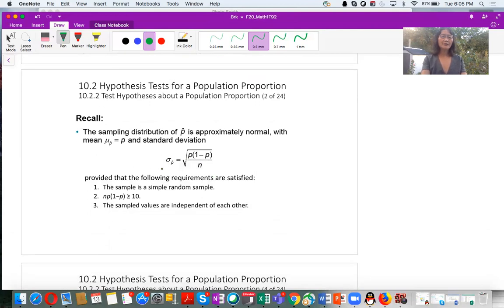Also a review: the sampling distribution of p hat is approximately normal with mu of p hat equal to p, and standard deviation of p hat equal to this one, by the central limit theorem. This is provided the following requirements are satisfied: the sample is a simple random sample; the sample size n times population proportion p times (1 minus population proportion) is greater than or equal to 10; and sample values are independent of each other.